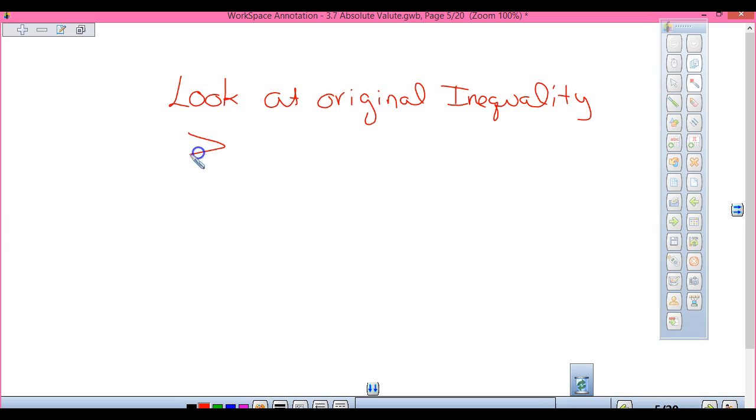If you have a greater than or a greater than or equal to symbol, it is going to be an or problem. If you have a less than or a less than or equal to, it is going to be an and problem.